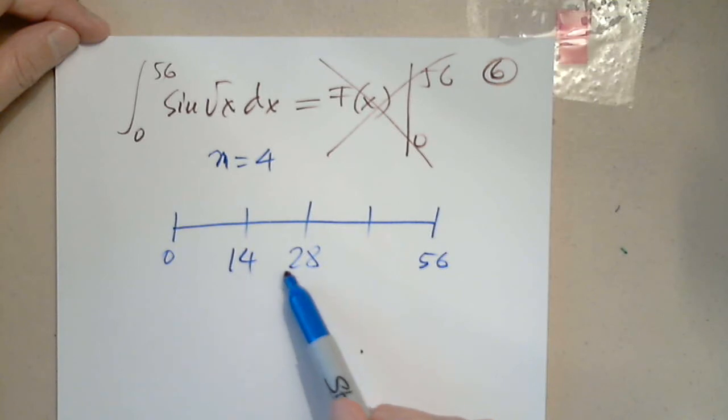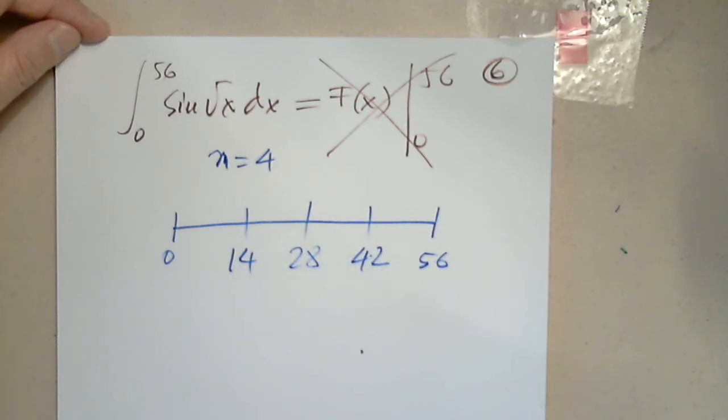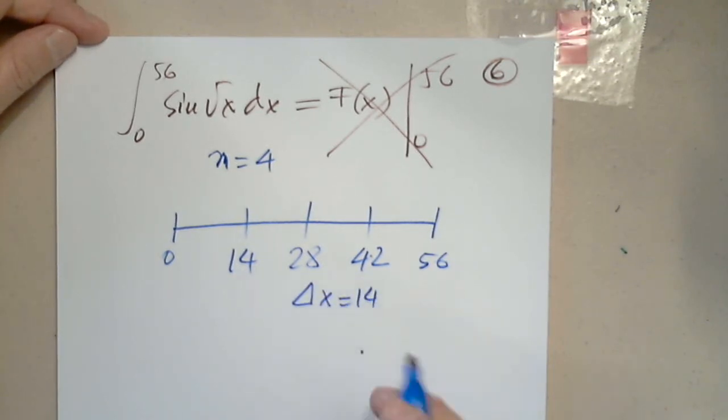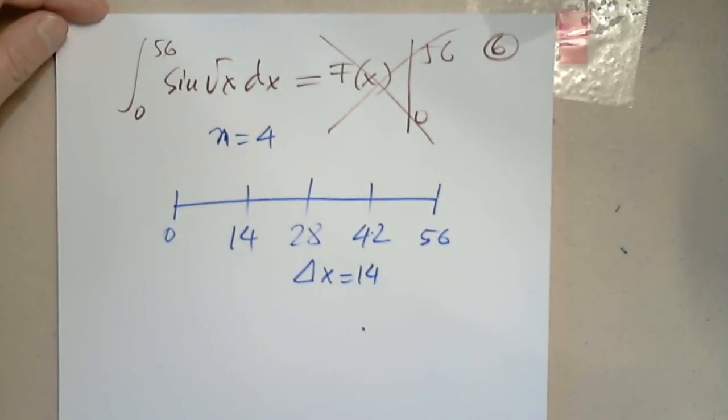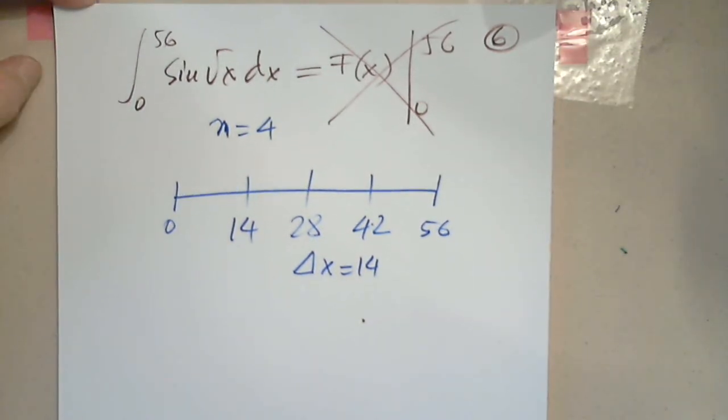And then 28 plus 14 for this one is 42. So then I know that delta x is 14. And we are asked to use the midpoint rule.